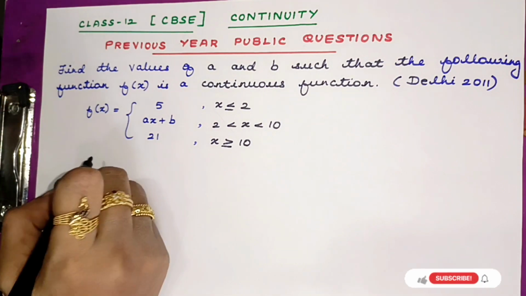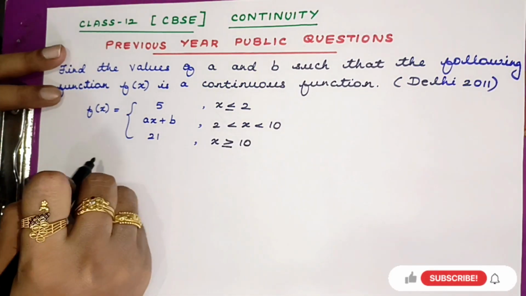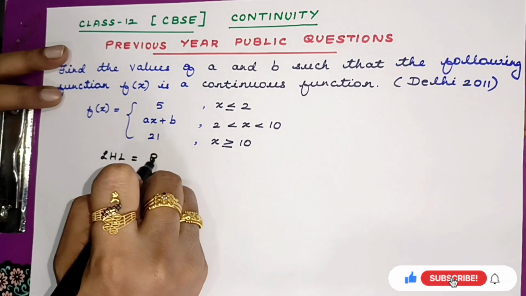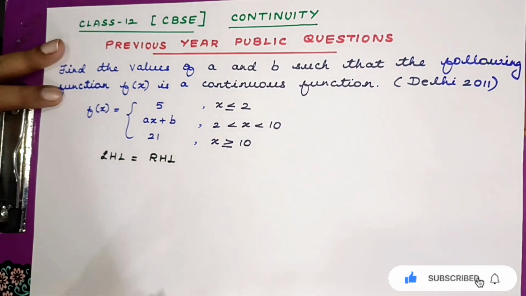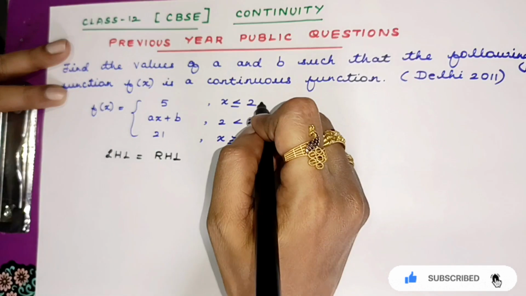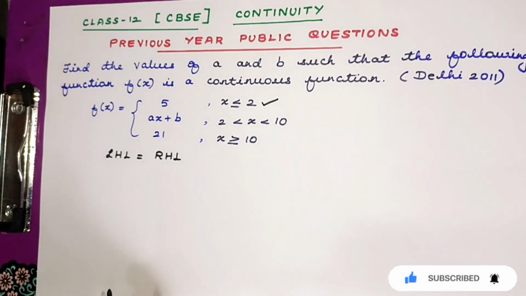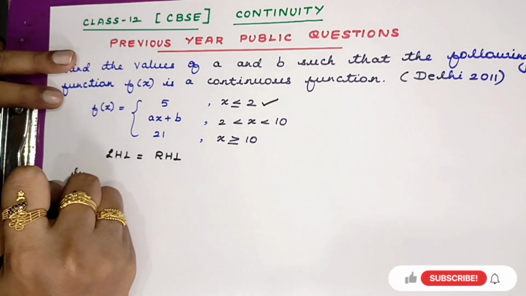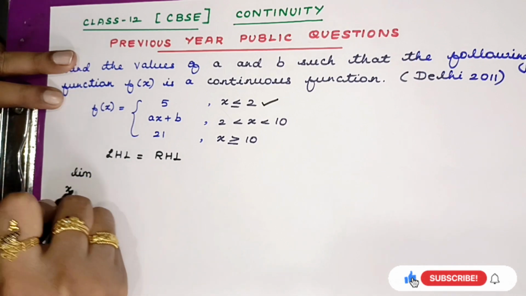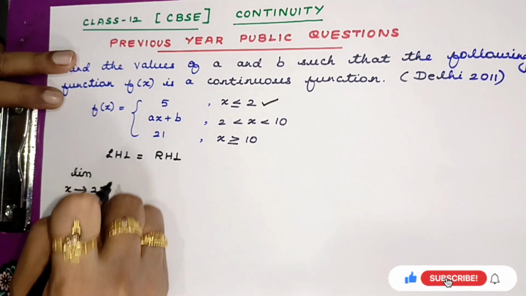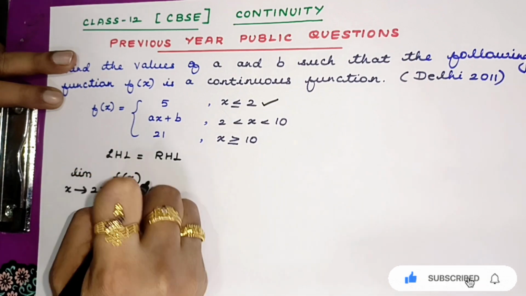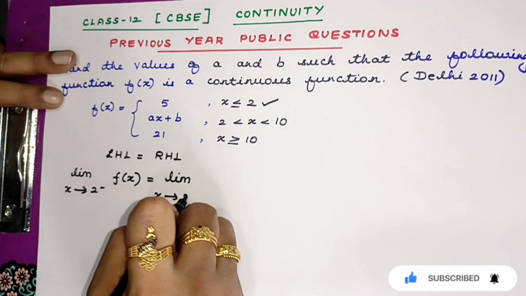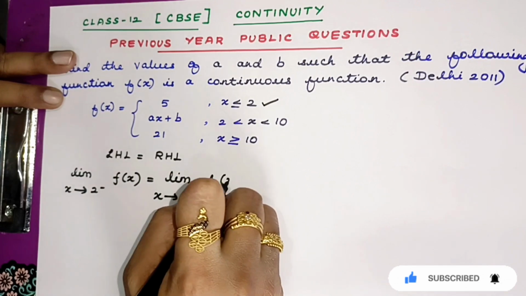For a continuous function, what is the condition? Left hand limit will be equal to right hand limit. So first I am going to consider x is equal to 2. Limit x tends to 2 minus of f of x will be equal to limit x tends to 2 plus of f of x.